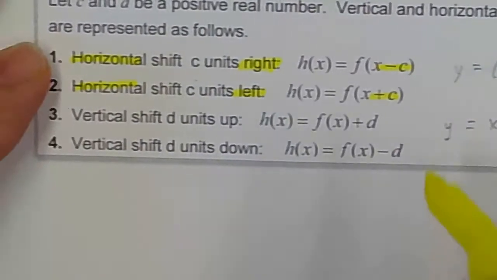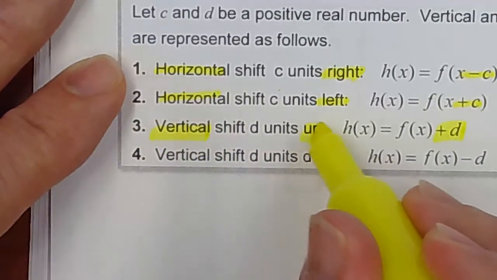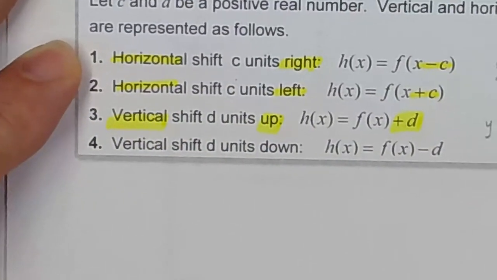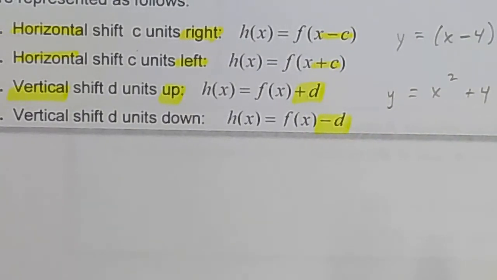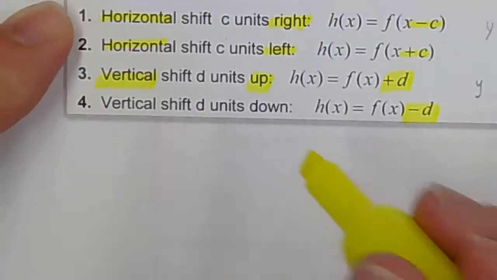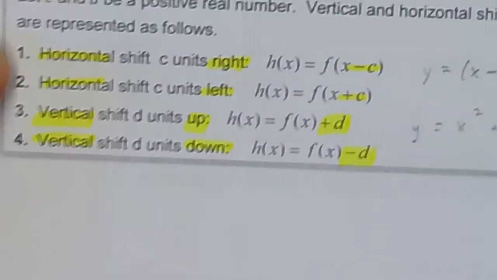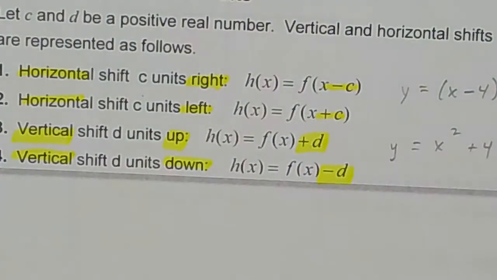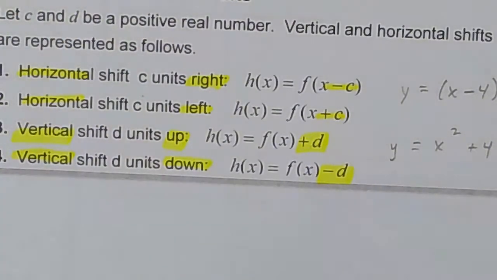When we add a number outside, it is going to move it vertically up. If we subtract the number on the outside of the function, then we'd say it moves vertically down. Not a brand new concept to you guys, so hopefully this will go quick and easy for you. The reflections and things like that get a little more difficult.